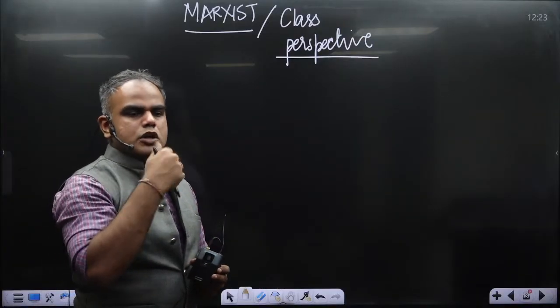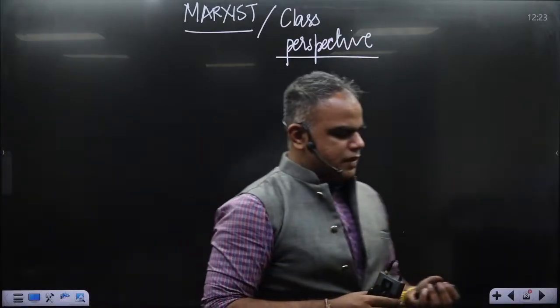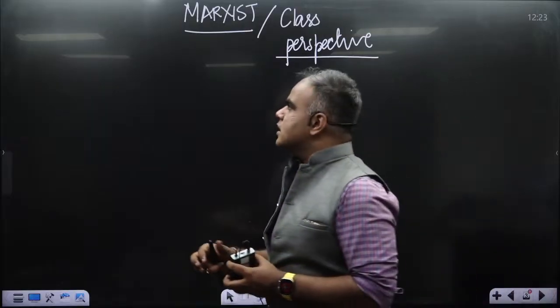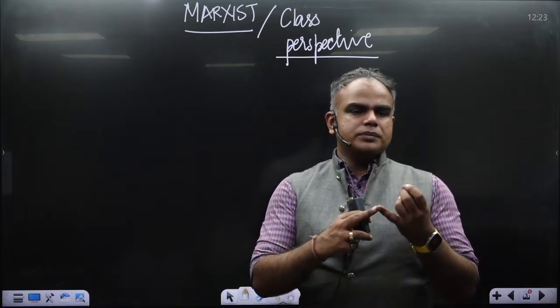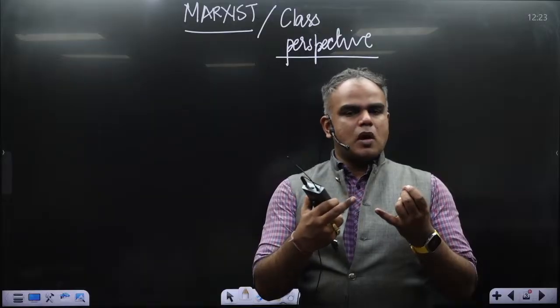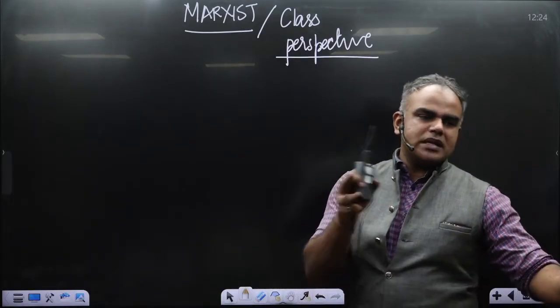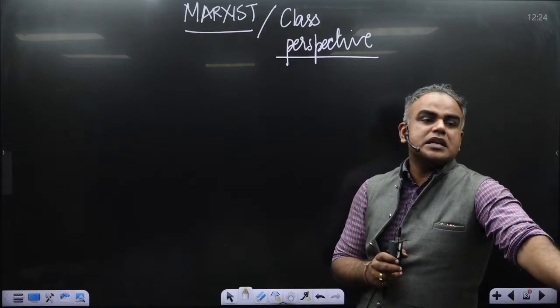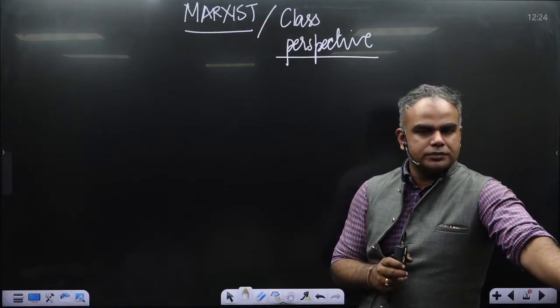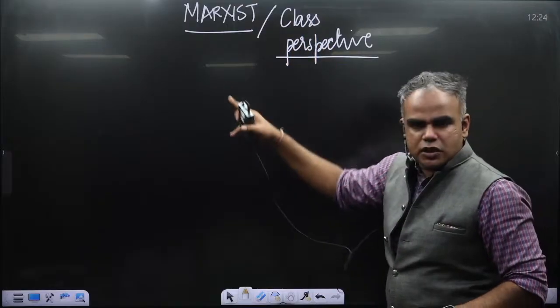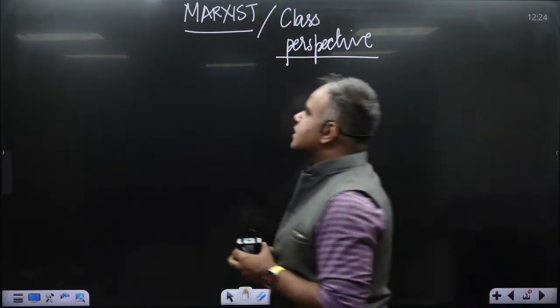Okay. Now broadly I have told you, here we'll see two things. Marxist state can be seen as, number one, the instrument of bourgeois class. So that is instrumentalist view of state. And second is relative autonomy theory. Okay. अब हमें Marxist theory को देखना है. I will analyze it in two ways.